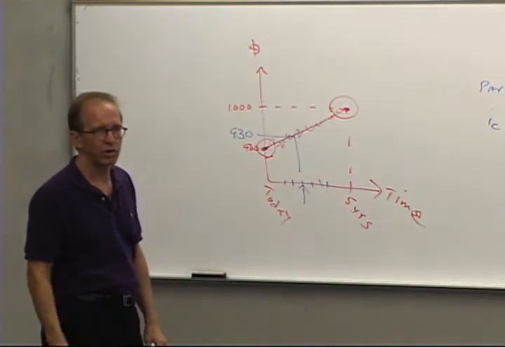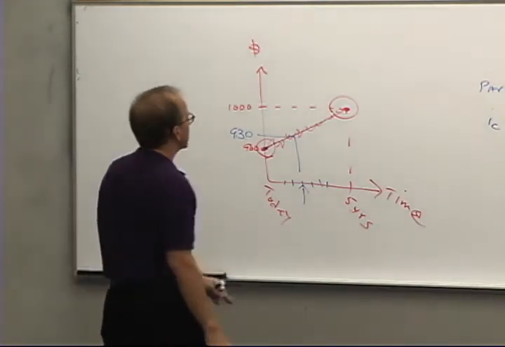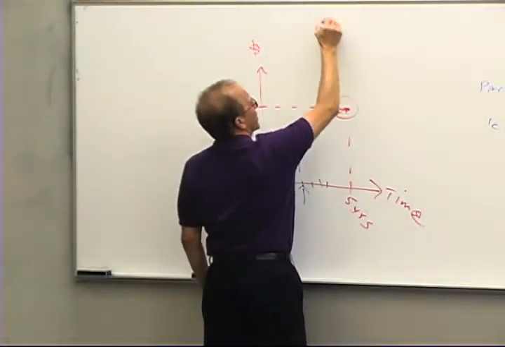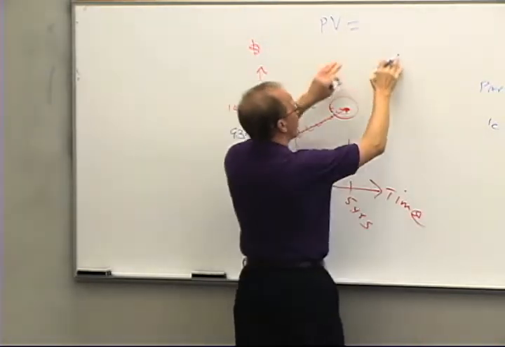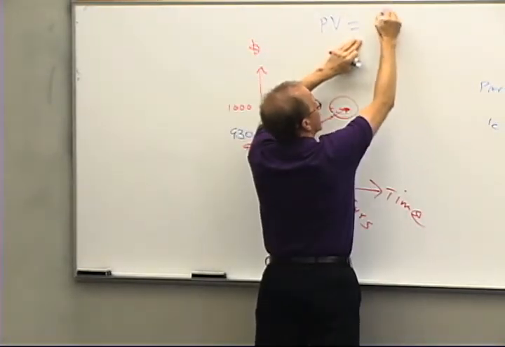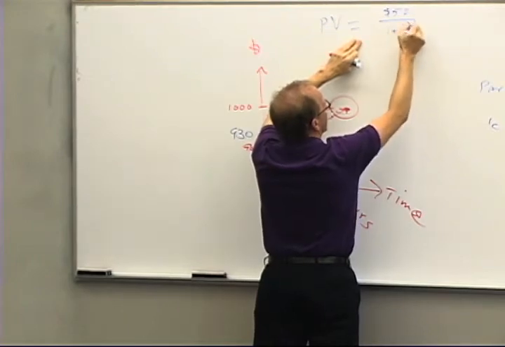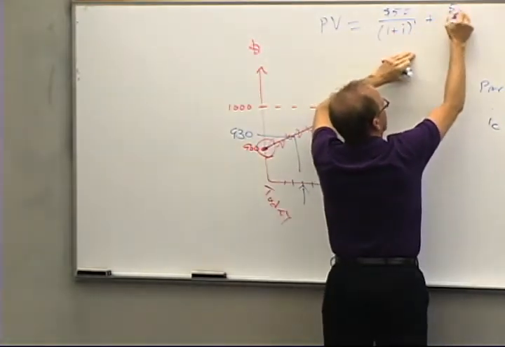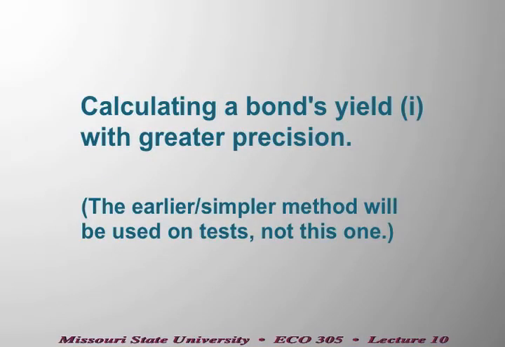And it's a lot easier to do if you had your calculator. Okay? Let me calculate present value equals, and this will just be the formula. You've seen this formula before. We're going to take the future dollars this generates, $50 divided by 1 plus i to the first power, plus $50 divided by 1 plus i to the second power, and so forth.